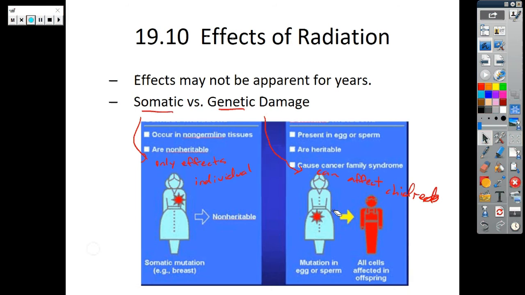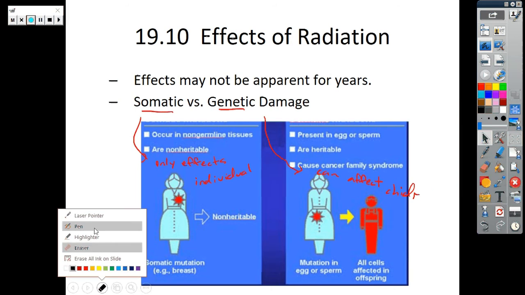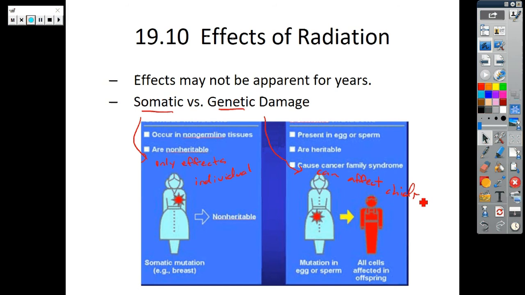So let's say mom or dad gets some radiation exposure, and then the kid ends up with some sort of birth defect or something like that because there was some genetic damage there, okay? There's also more immediate effects for really intense short-term exposure that we'll discuss a little bit here as well, okay?